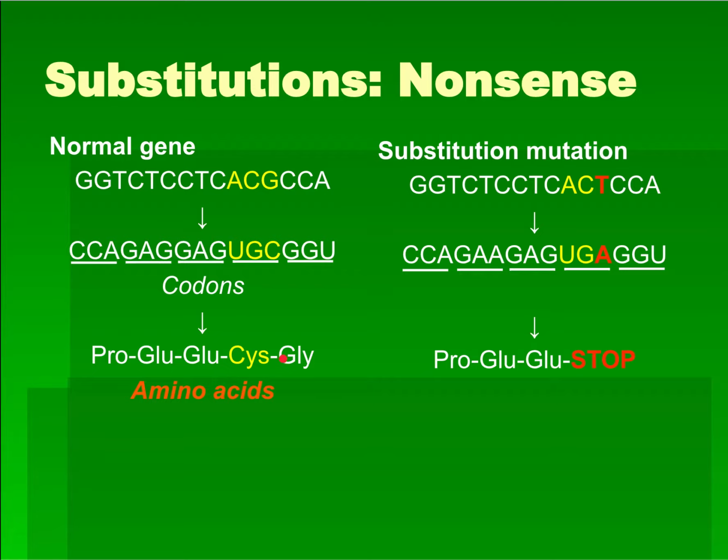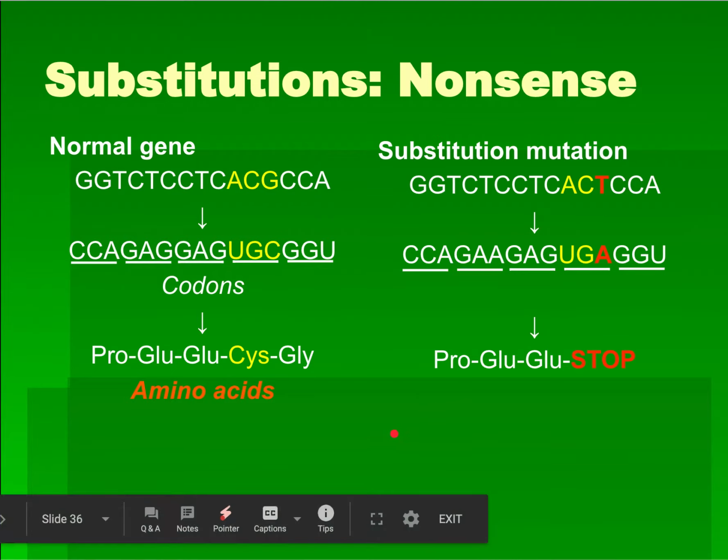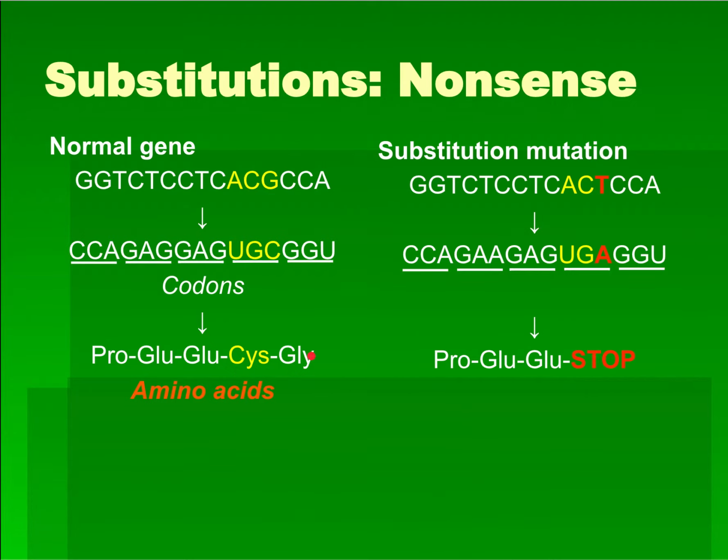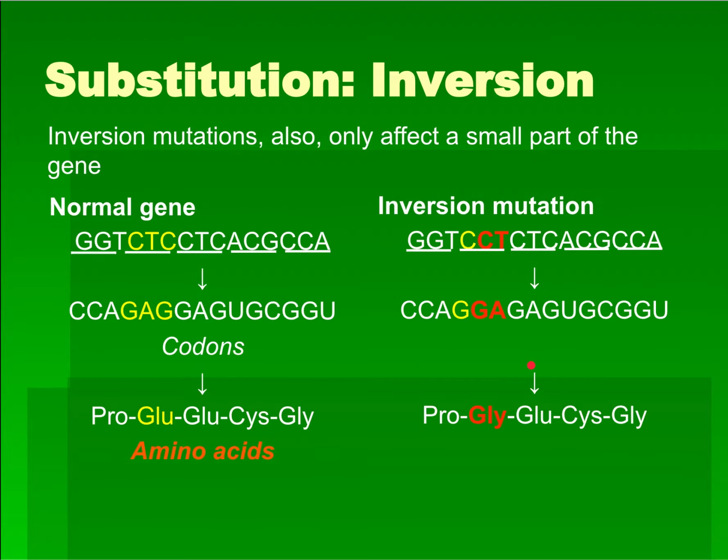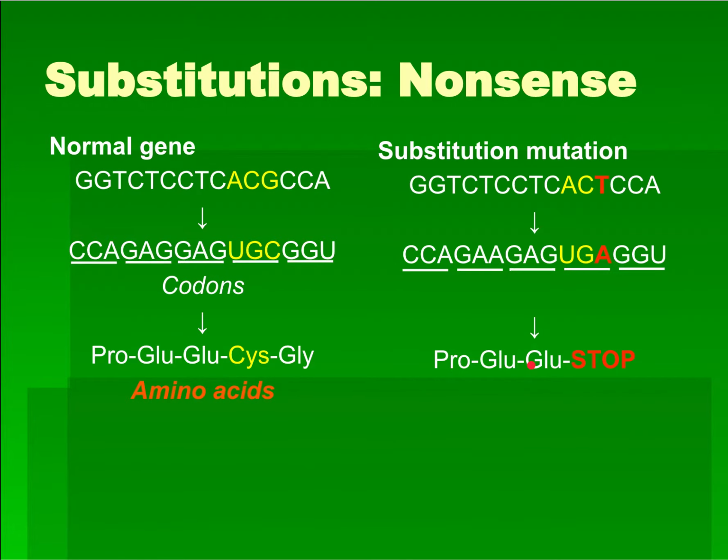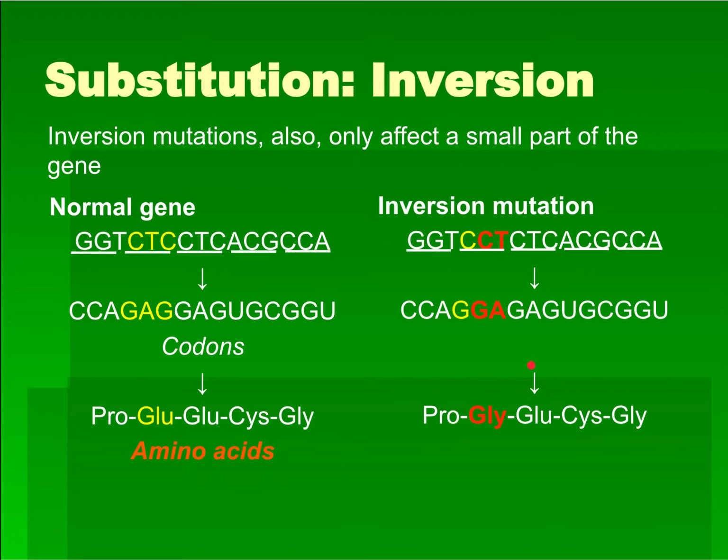Now when we have this nonsense mutation, it stops translation. So we should have a protein that is 1, 2, 3, 4, 5 amino acids long, but now we have a protein that's 3 amino acids long. So there is a problem here. Nonsense mutations are serious.